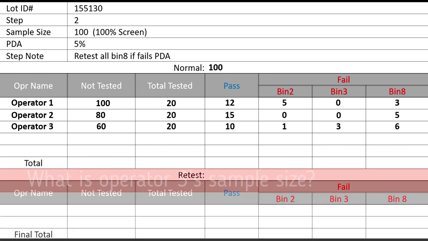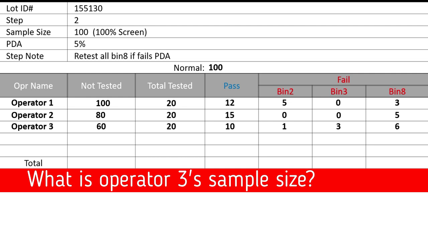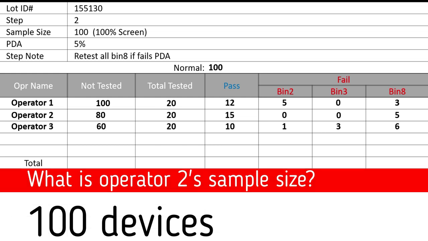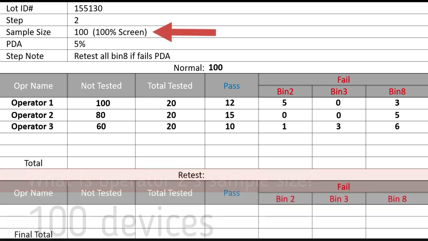Again, my question here is, what is operator 3's sample size? Well, it's still 100. This is because operator 3 is on the same step as operator 1 and operator 2. Remember, sample size is the previous step's passes, not the previous operator's not tested.